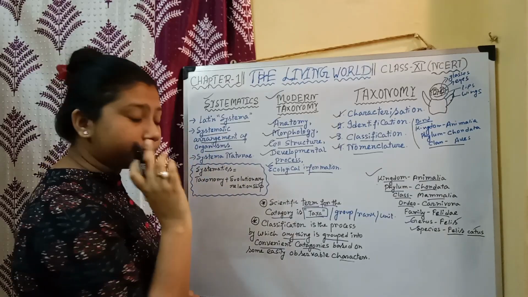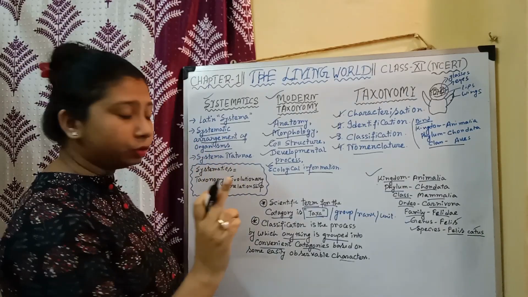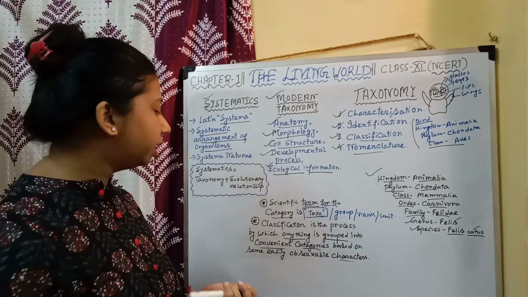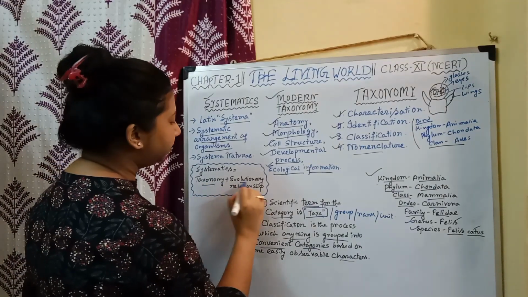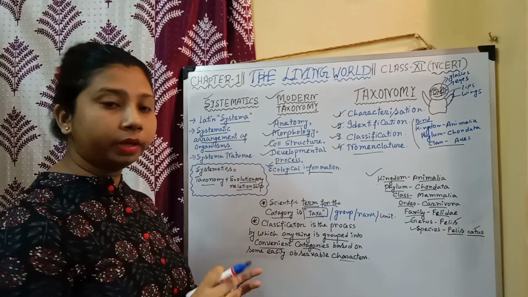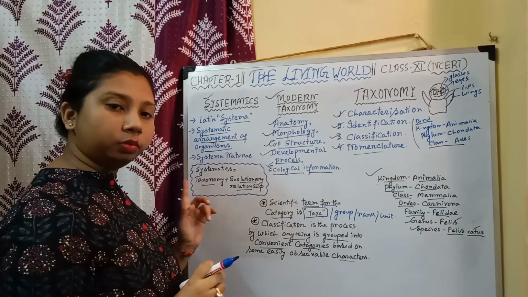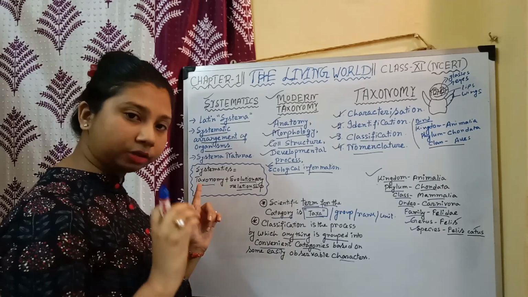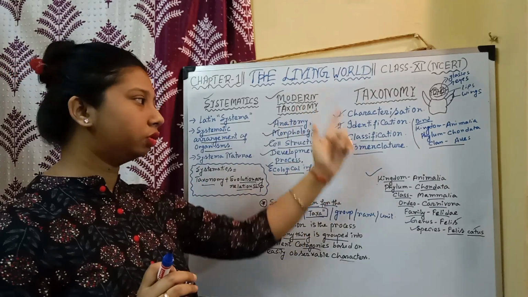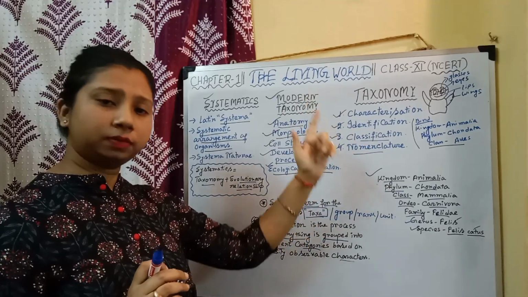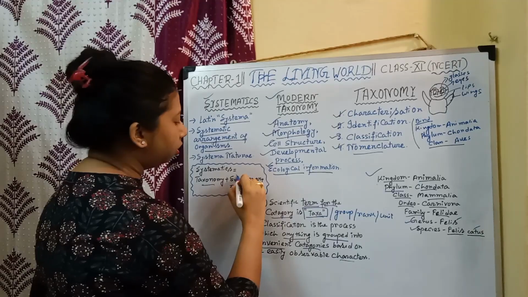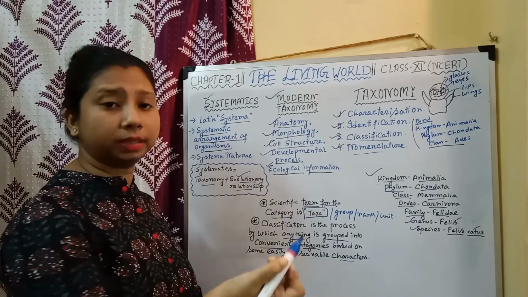The main thing you have to remember is that systematics means taxonomy plus evolutionary relationship. When we study taxonomy, we have to include characterization, identification, classification and nomenclature. With these four main things we have to consider the evolutionary relationship of the organisms.